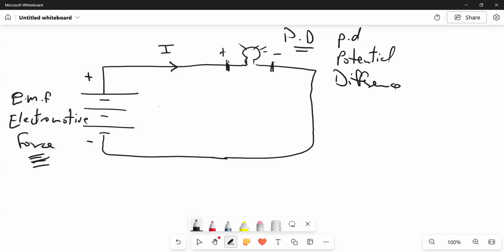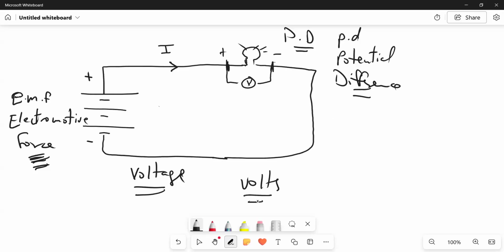And as I said, this electromotive force induces a potential difference here, and I'll put a letter here for you, V. And that's what we call voltage. So electromotive force is measured in volts, as well as potential difference is measured in volts.